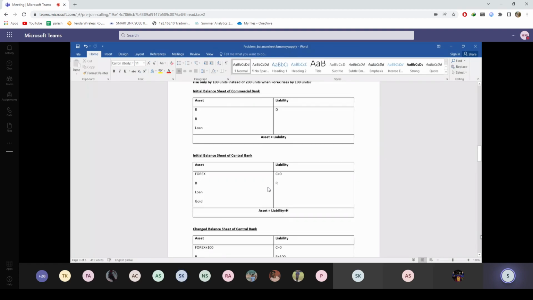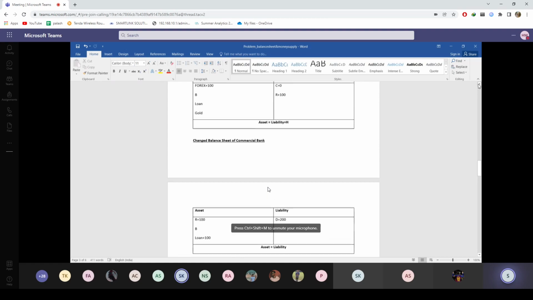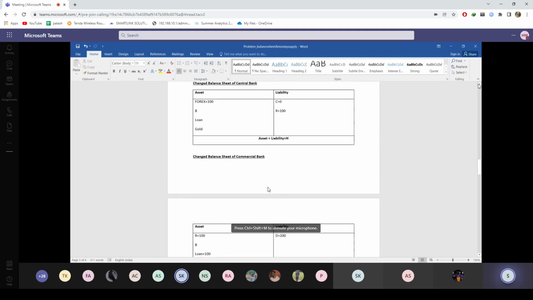When the central bank sells bonds to the commercial bank, reserves fall, high powered money falls, money supply falls. In this numerical example, if you want to reduce your money supply by 100 units, your reserves have to decrease by 50 units because your required reserve ratio is assumed to be 0.5. So the central bank sold 50 units of bonds to the commercial bank.